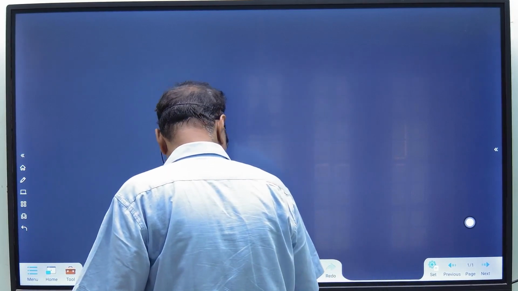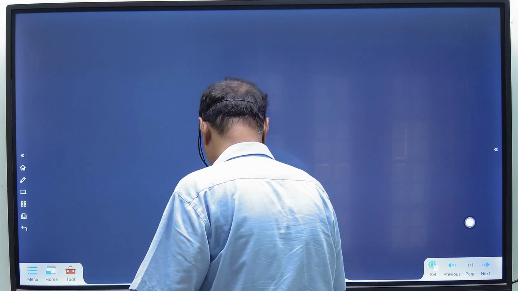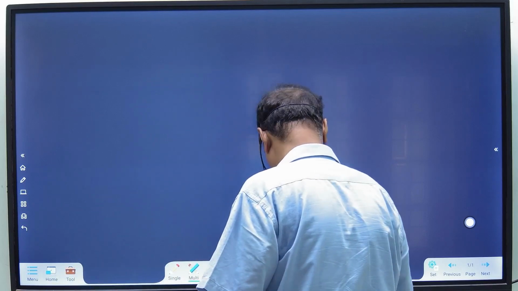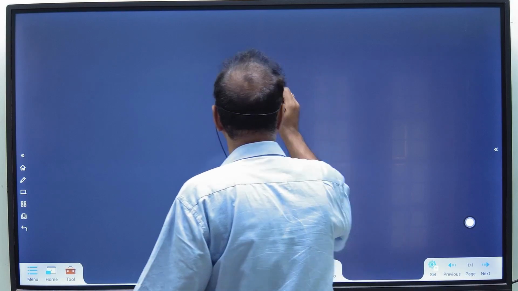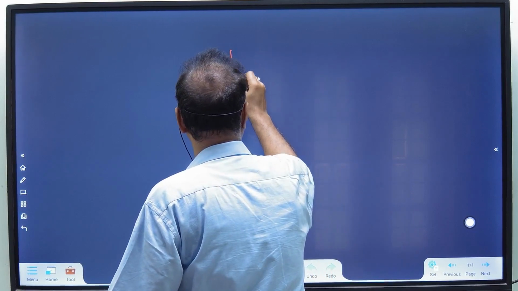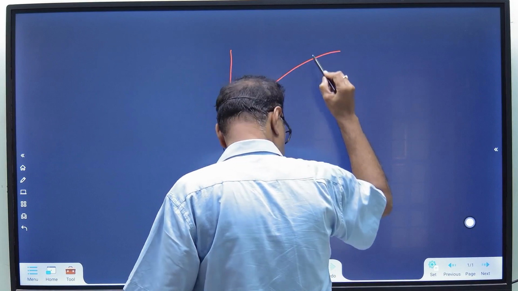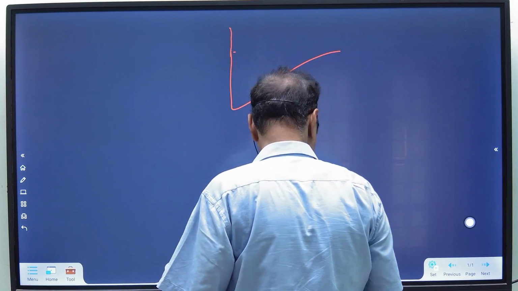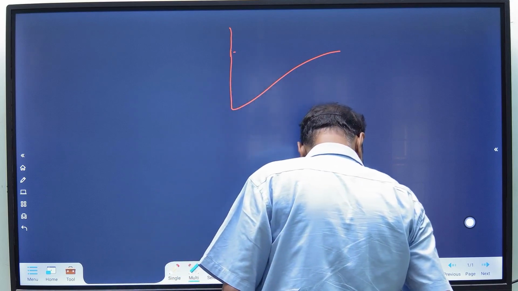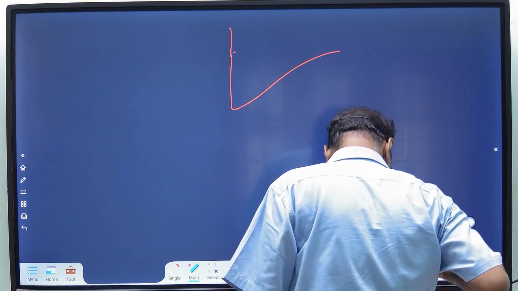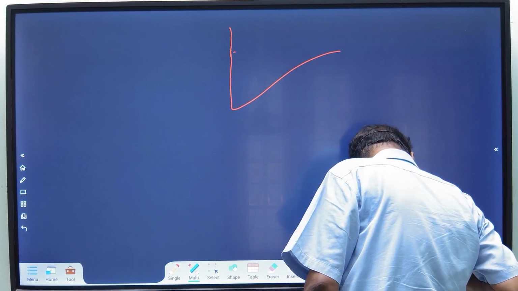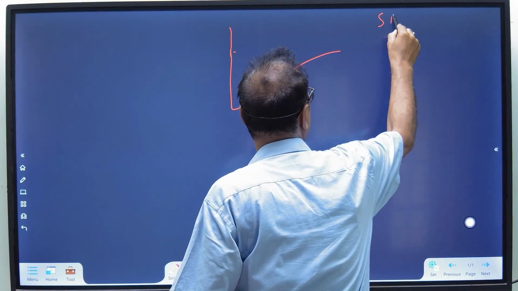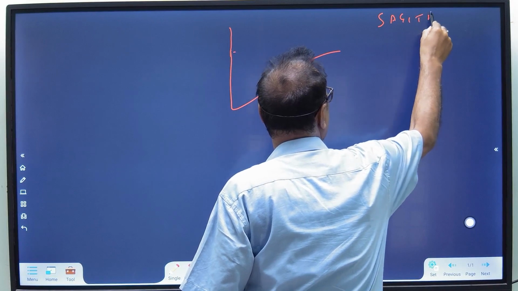Now, next we talk about the parts of the gallbladder. For that, we will draw a diagram of the liver.